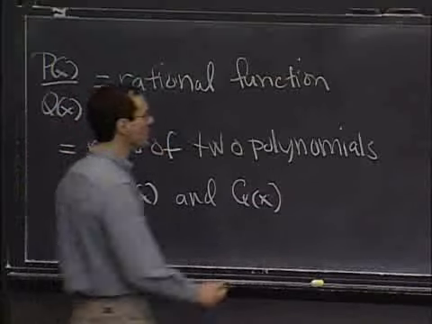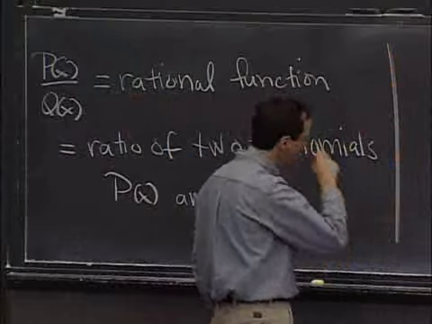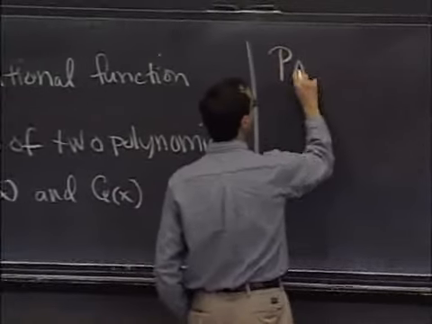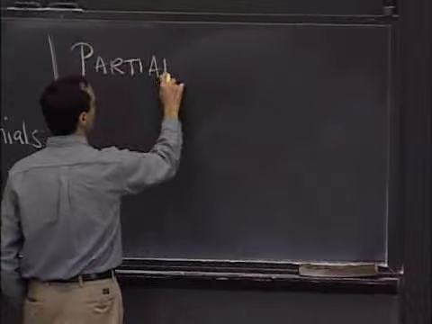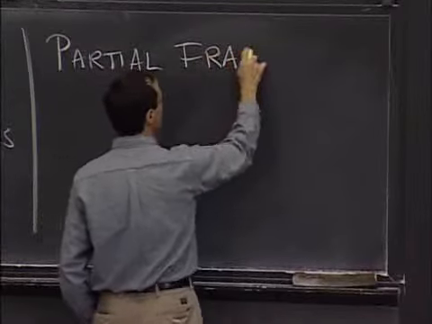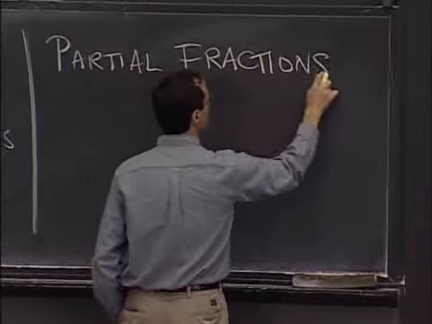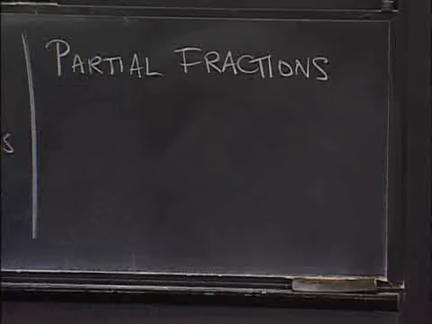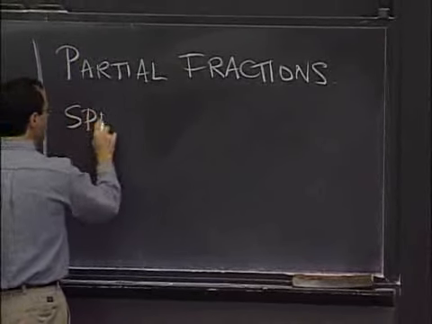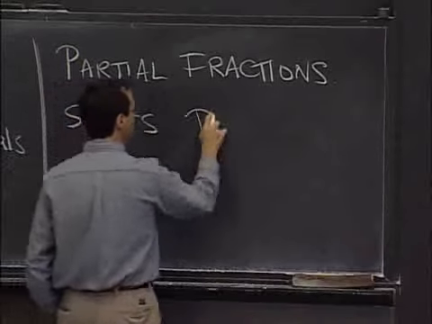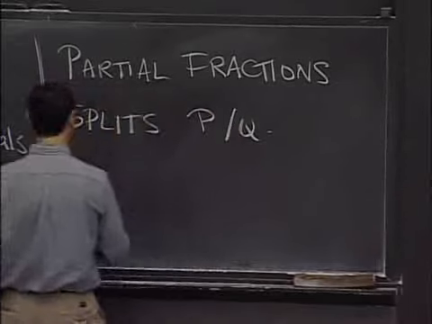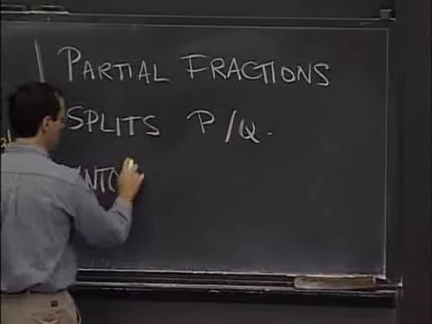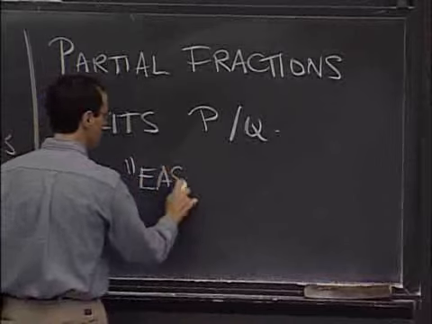We'll handle all such functions by a method which is known as partial fractions. And what this does is it splits p over q into what you could call easier pieces.